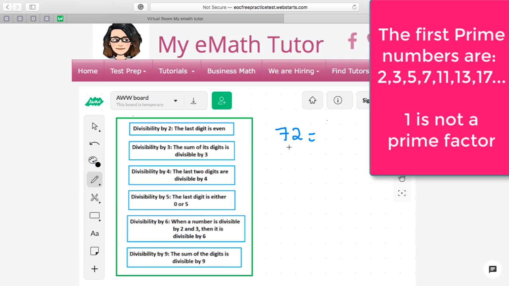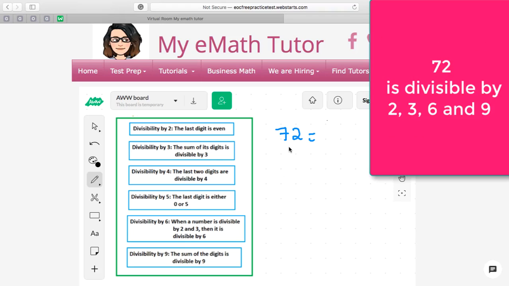Prime factorization basically is going to be to break down the number into very, very small factors that are all prime. That's the reason why we call it prime factorization. So I look at 72 and I see, well, you know what? This guy is actually divisible by 2. So if I do 72 divided by 2, it is equal to 36.